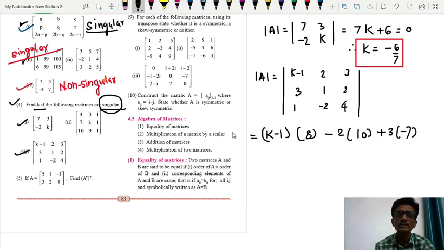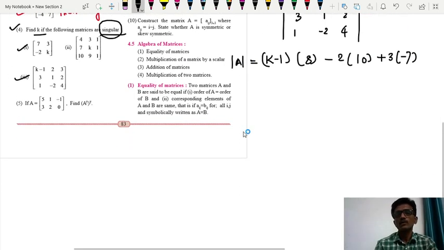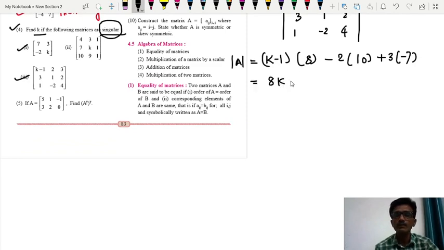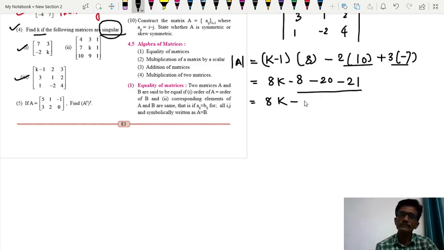So this is the expansion of the determinant A. Then it will be 8k minus 8, minus 20, and minus 21. So therefore it is 8k minus, see, this is what? 49.